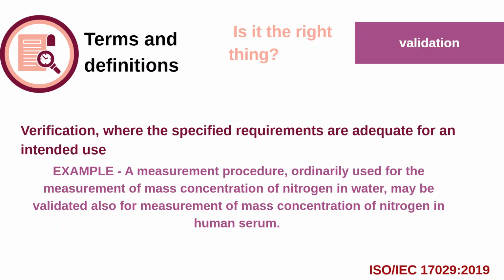I can use the same method to find the mass concentration of nitrogen in human serum also. It's not going to make any big difference. Right? So this is validation. I'm validating my method, whether I'm using the right thing to do the test.